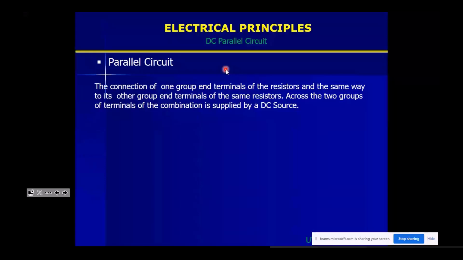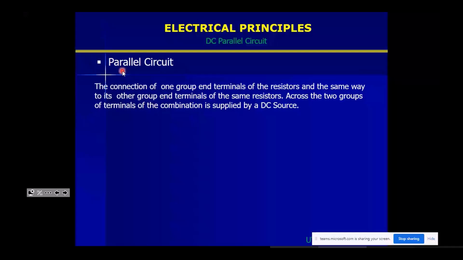What do you understand about the word parallel? Anybody? Anyone? What is the meaning of the word parallel? Many resistors in more than one line. I'm not asking about the specific meaning, I ask the word parallel. Does the current move in more than one direction?